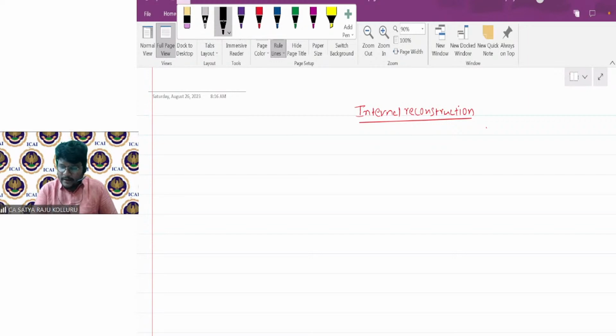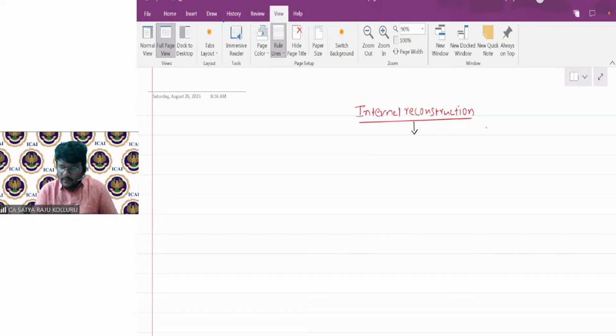But in internal reconstruction, the same company is going to continue its operations through some internal restructuring. But the basic objective is the same. Whether we go for external or internal reconstruction, what is the basic objective, guys? To show the financial statements at their true and fair view position.